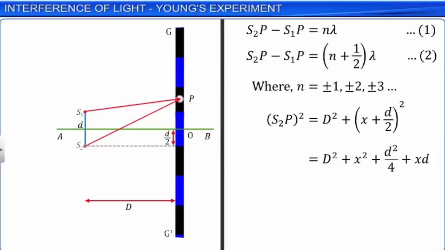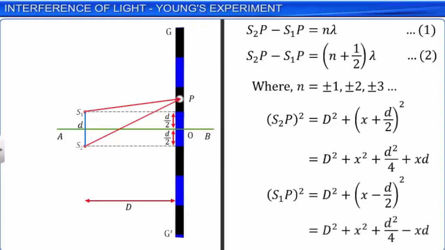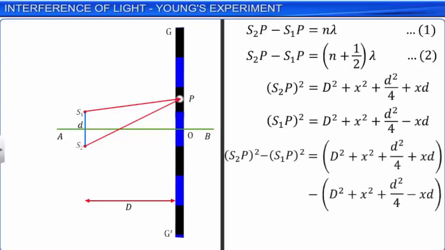Similarly, S1P² is equal to D² plus (x − d/2)². This is equal to D² + x² + d²/4 − xd. Therefore, S2P² minus S1P² is equal to 2xd.